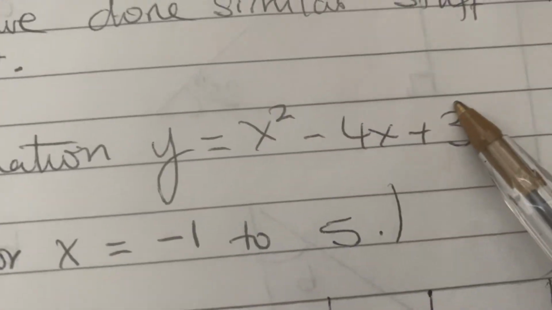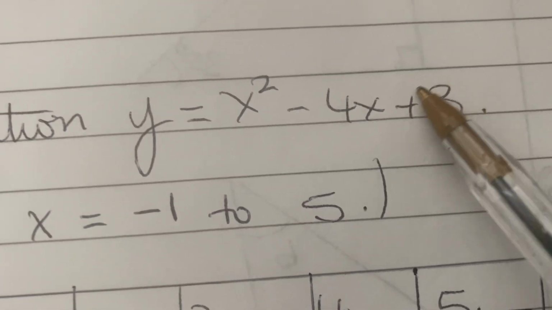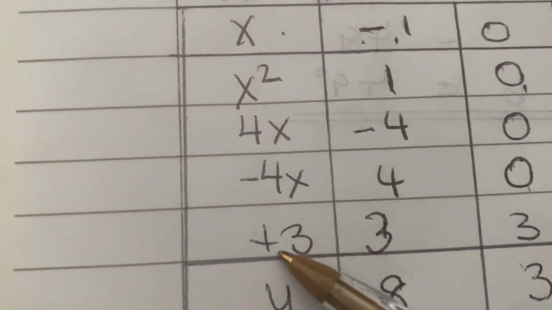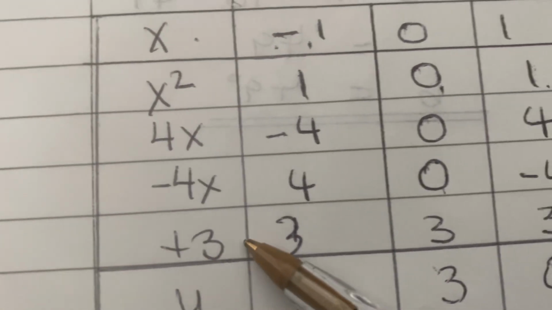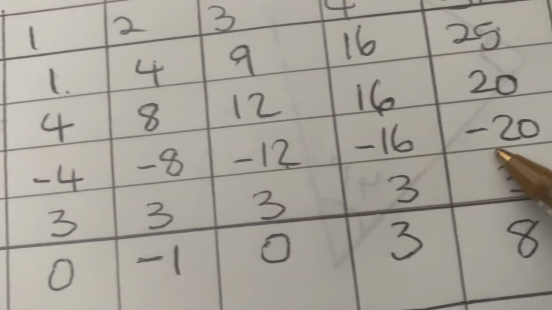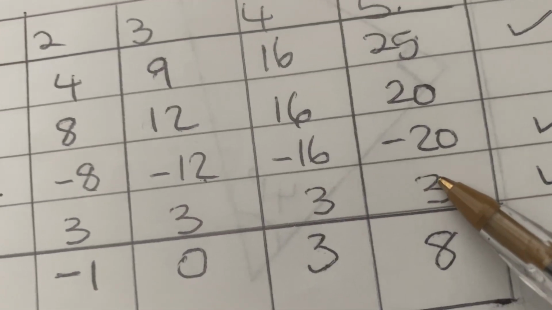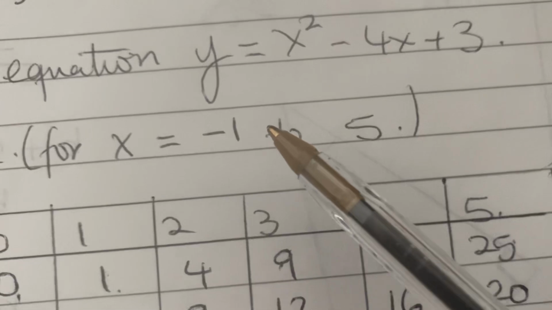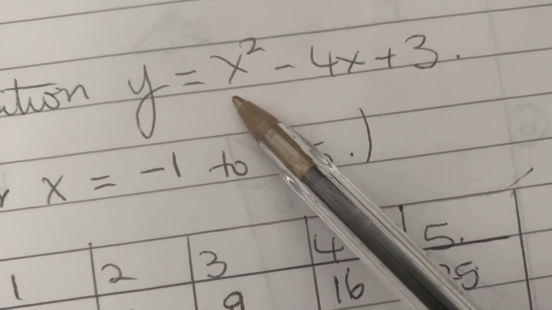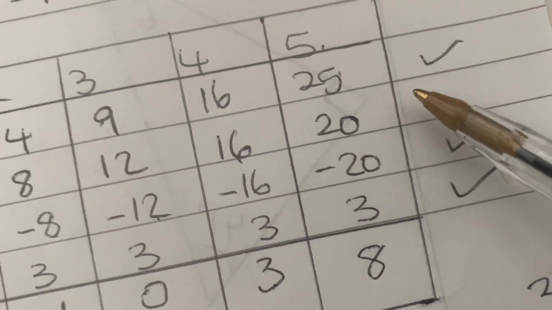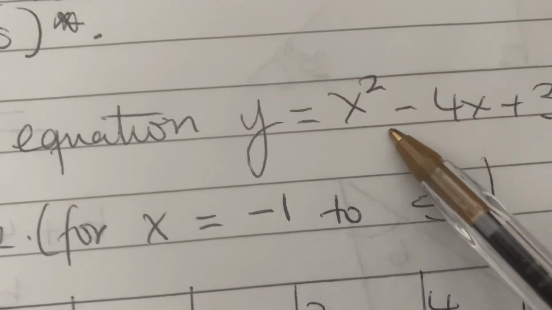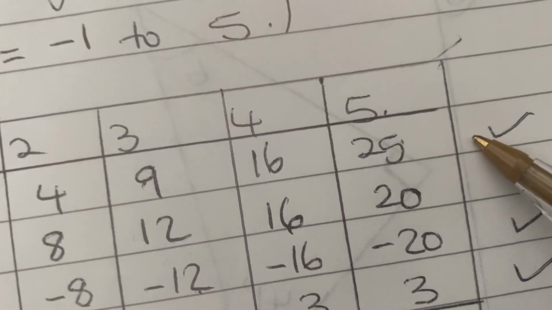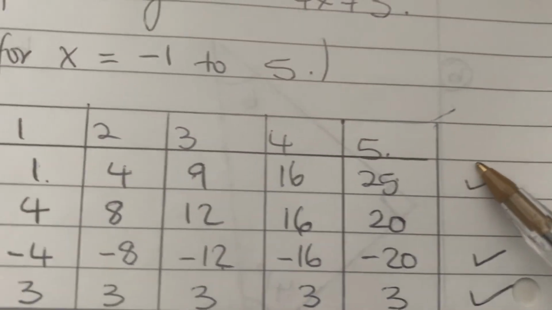Now the last part of the equation is plus 3. So we are going to write plus 3 and repeat it for all the column. Now we want x squared, so this figure is here.